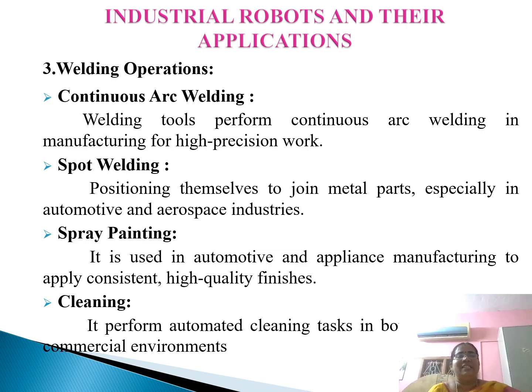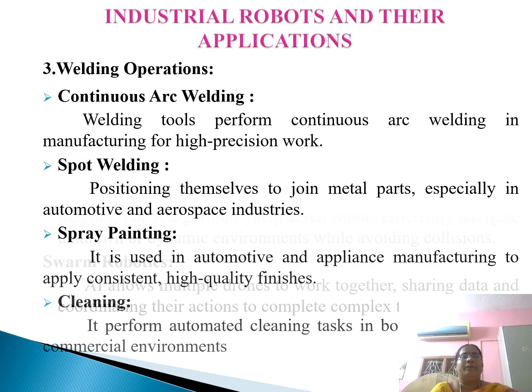Next, spray painting: it is used in automotive and appliance manufacturing to apply consistent, high quality finishes. Next, cleaning: it performs automated cleaning tasks in both environmental and commercial settings.